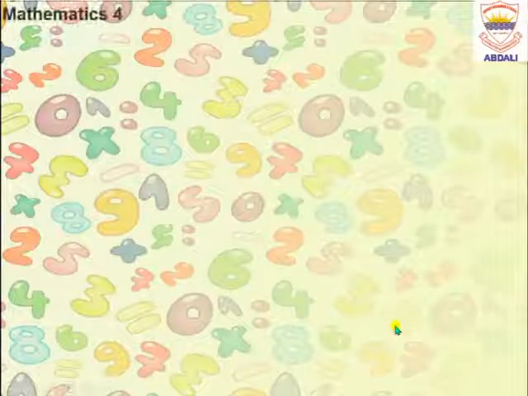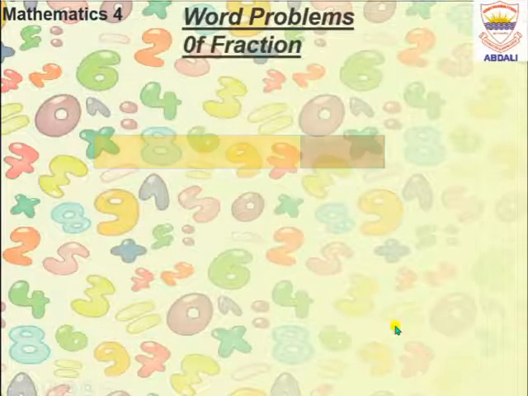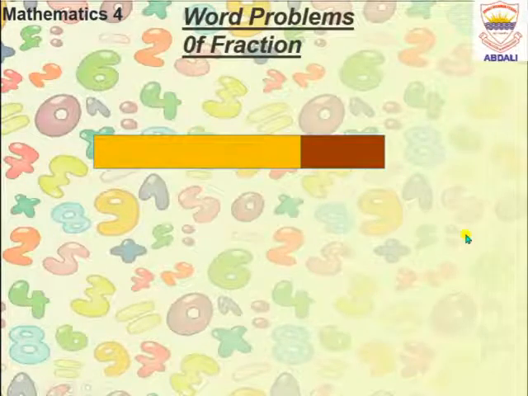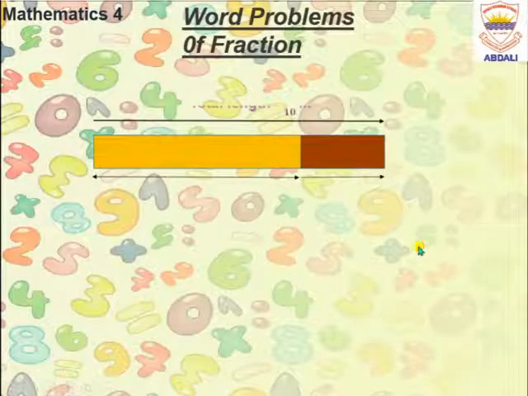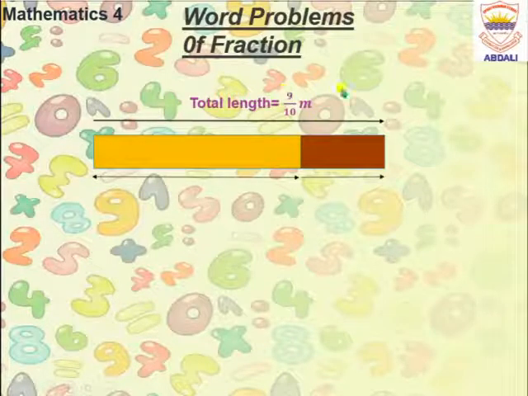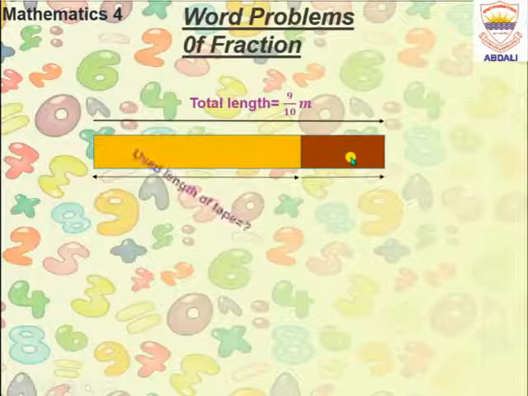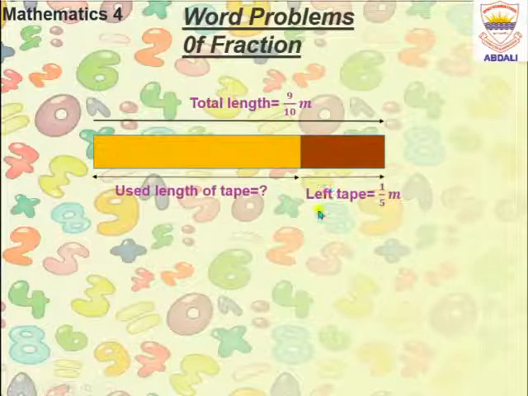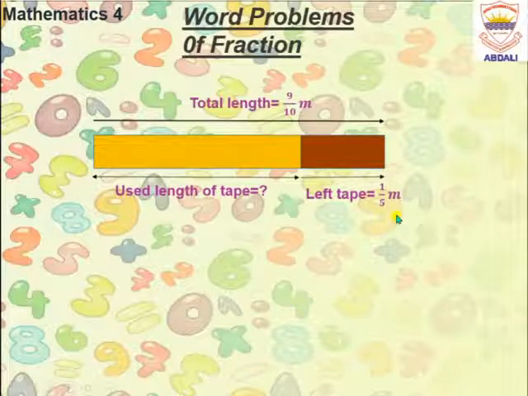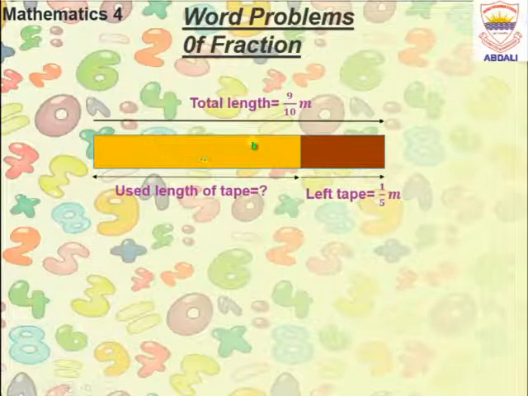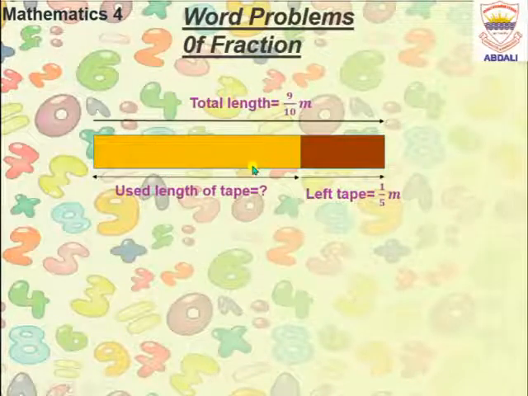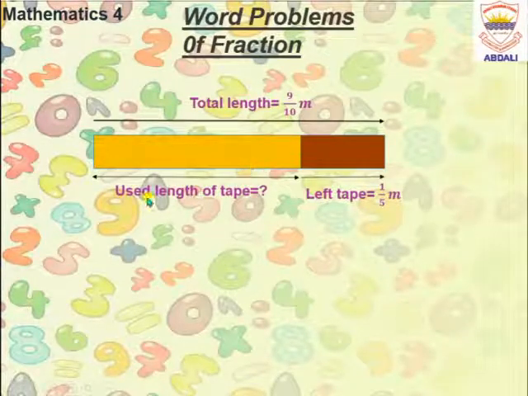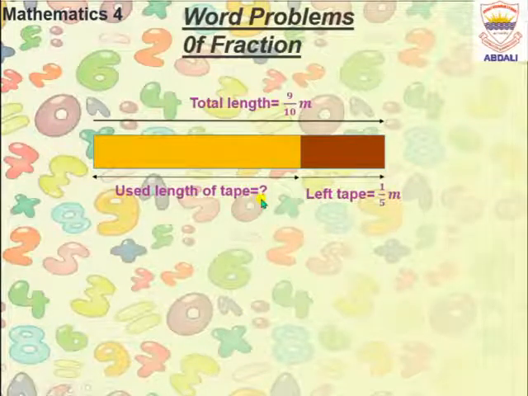Now let me make it more clear with a diagram. Here I have a diagram. This is the total length of tape, which is 9 by 10 meter, the brown shaded area is the left length of tape, which is 1 by 5 meter, and the yellow area is what we need to find out, which is the used length of tape.